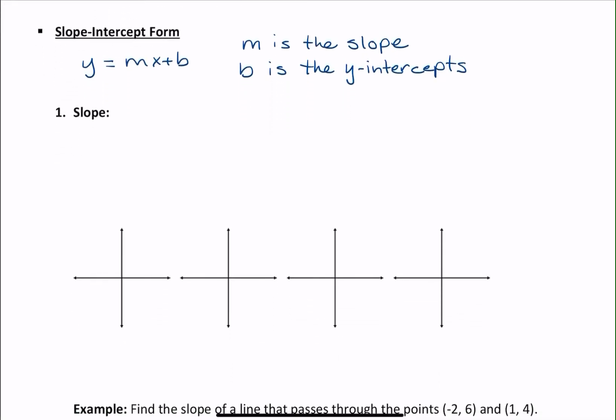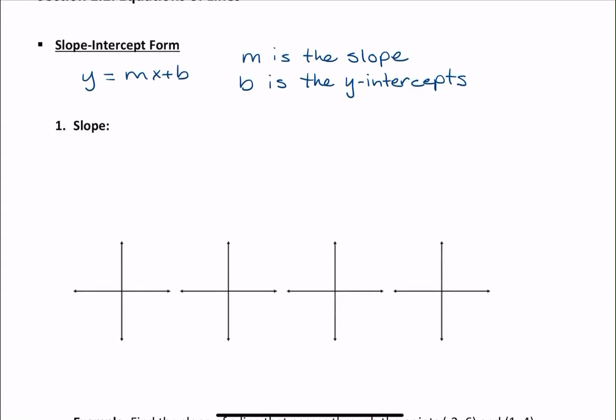So from there, let's talk about slope for a minute. We usually use an m to stand for slope. Slope is your rise over run. It's also your rate of change, or you've probably seen it written change in y over change in x, where the little delta means change in.